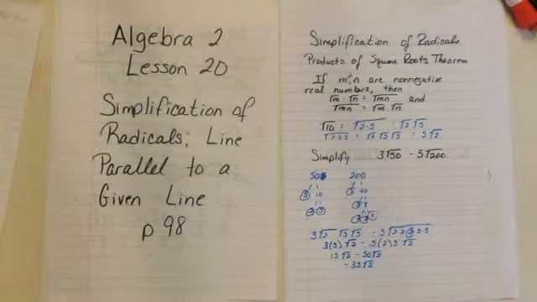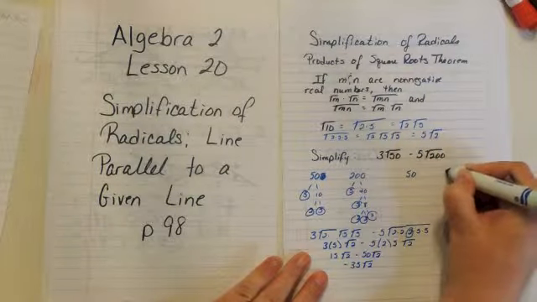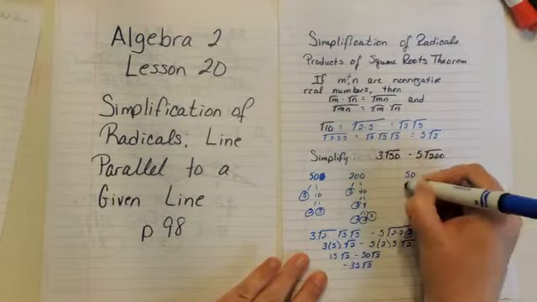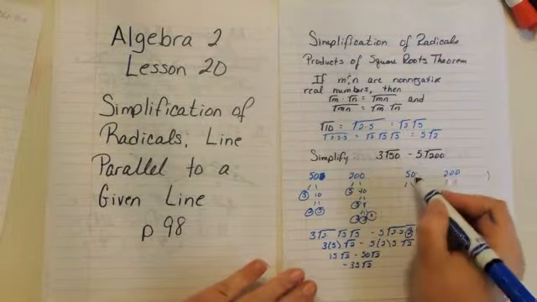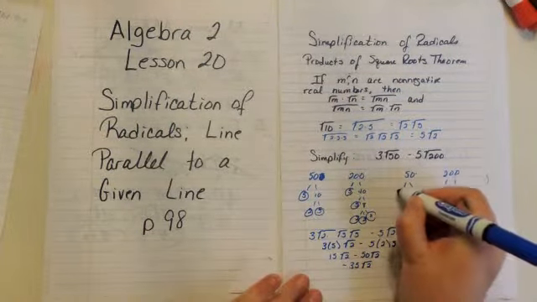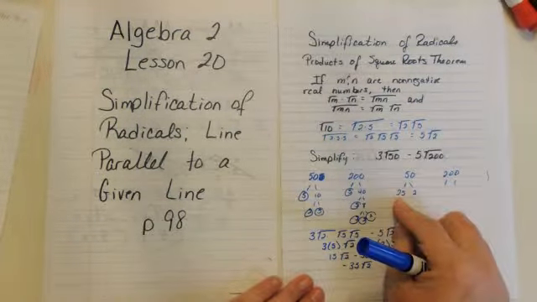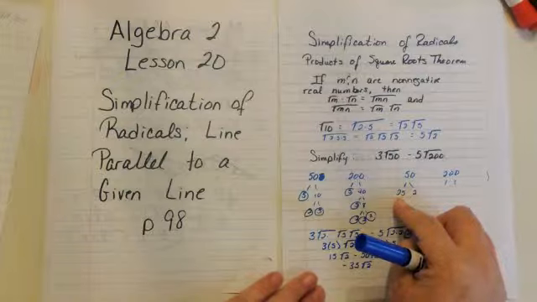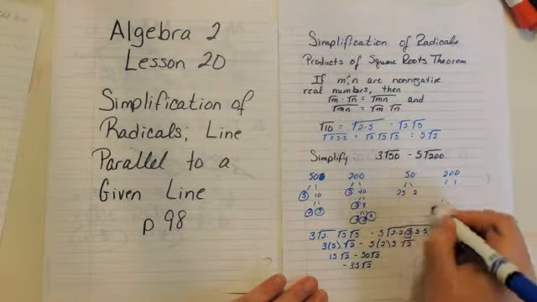Alright, if we had done this with square roots instead of prime roots, we're going to start with 50 and with 200, and we're going to find roots that are squares, so we can pull numbers out. So, for example, 50 is 25 times 2, and 25 is the square of 5, right?